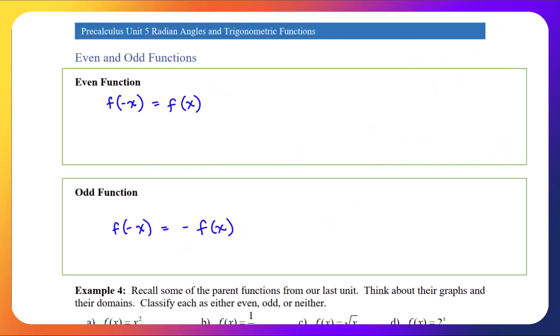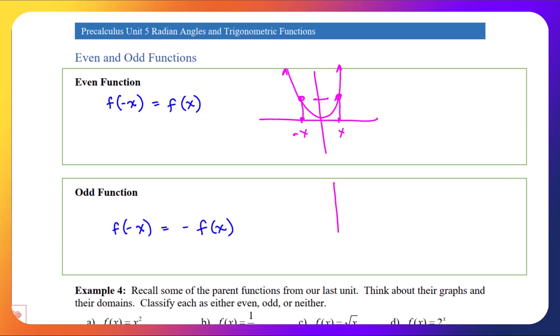So here they are. That even function is symmetric to the y-axis. So if I feed the function a negative value, it'll be the same as the positive value. The same y value.